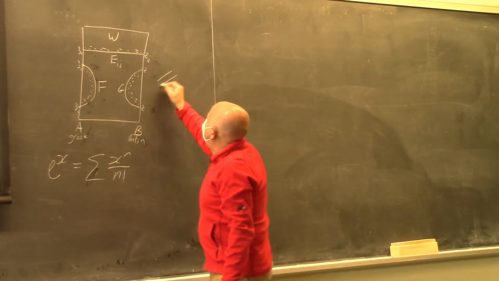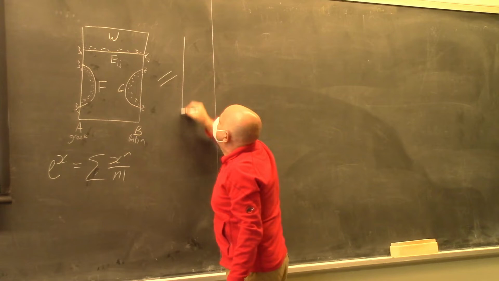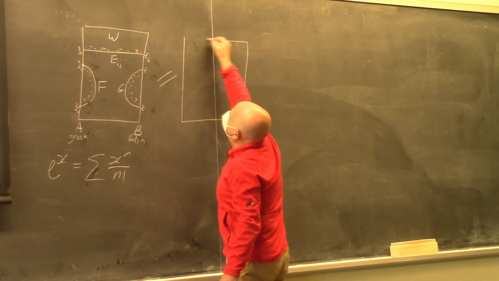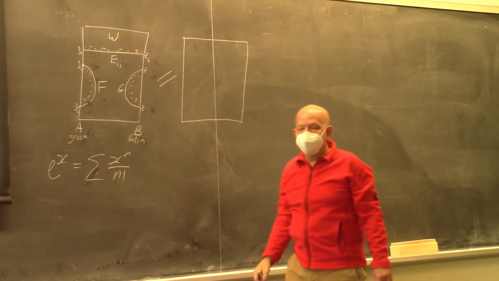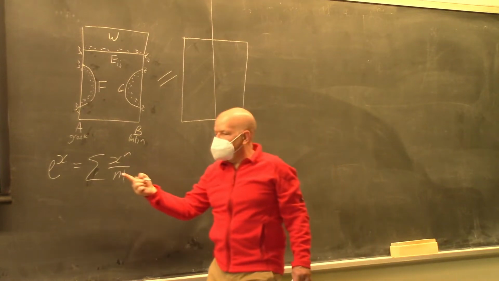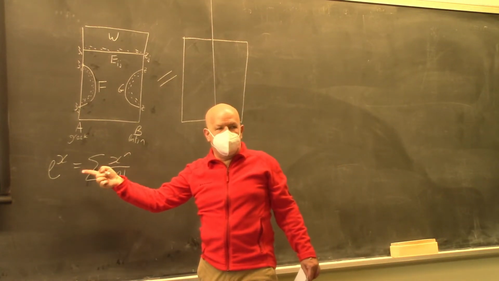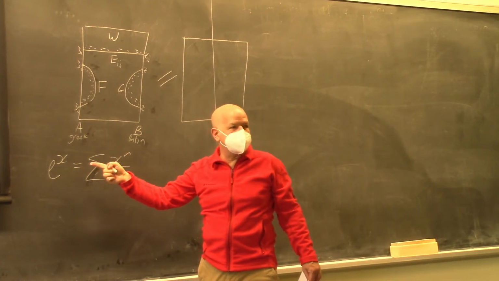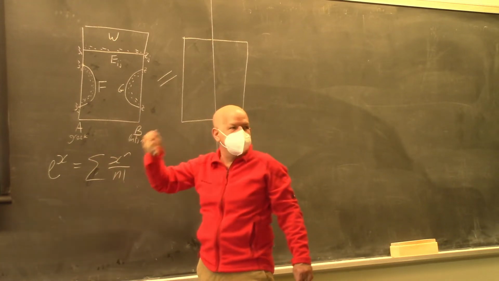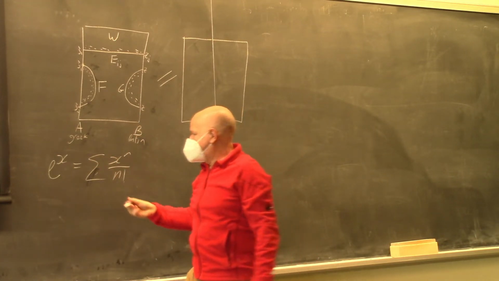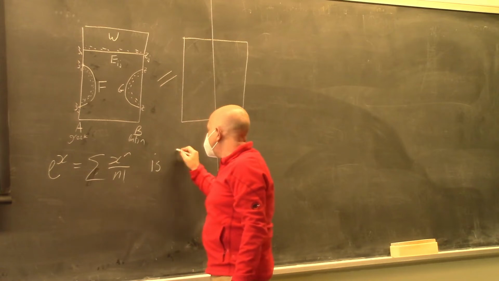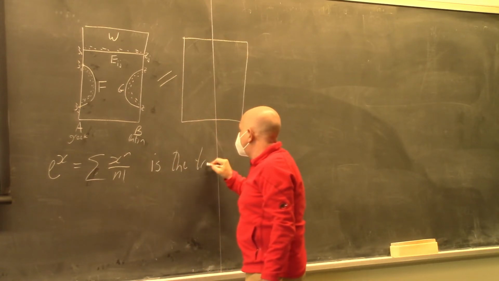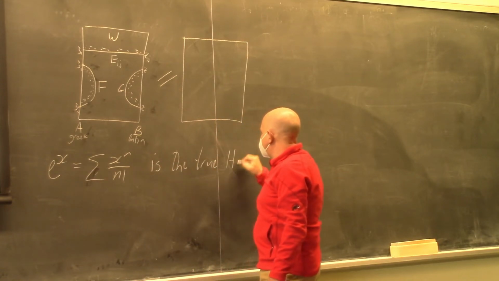So, in principle, I need to tell you how to compose it with another such coupon. Okay? But even before that, I want to understand something about the function e to the x, because I'm going to need some intuition about it. So e to the x is the true Hilbert Hotel.